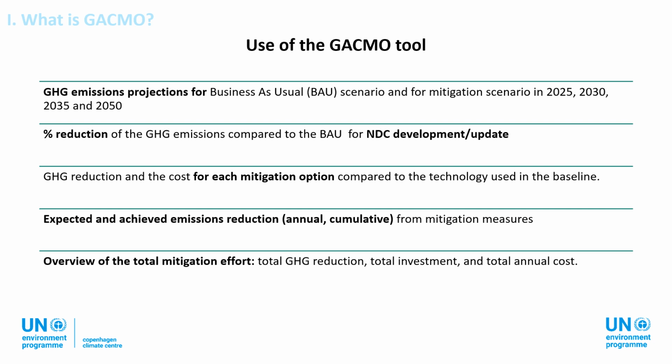It also provides an estimate of GHG reduction and cost for each mitigation option compared to the technology used in the baseline. It estimates expected and achieved emission reduction from each and individual mitigation measure. It also provides an overview of total mitigation effort, total GHG reduction, total investment, and total annual cost.